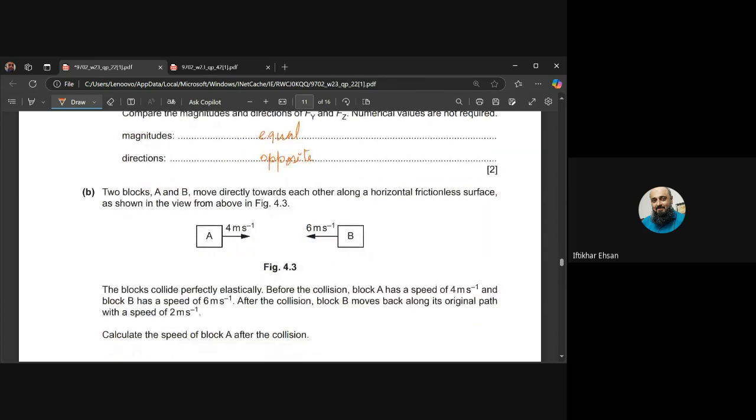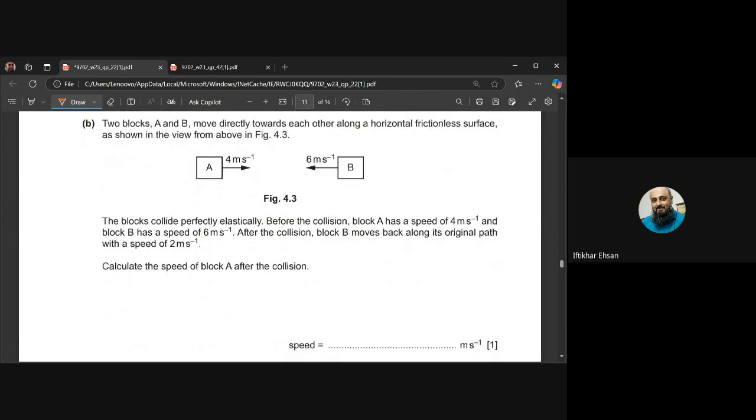Right? Two blocks are moving directly towards each other along a horizontal frictionless surface. The blocks collide perfectly elastically. That is the most important hint. Before the collision block A has this speed, B has this speed. After collision, block B moves back with a speed of 2.